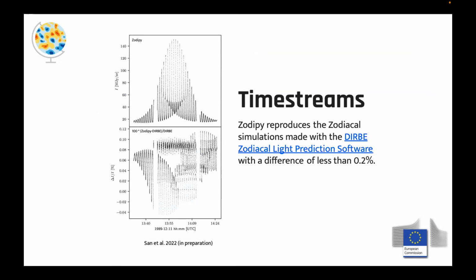So this is a time stream created with ZodiPy, and if you remember from Daniel's talk, you probably recognize this structure. And we have also compared this with the output of the Derby zodiacal light prediction software, for which we find a very good agreement. The difference is less than 0.2%.